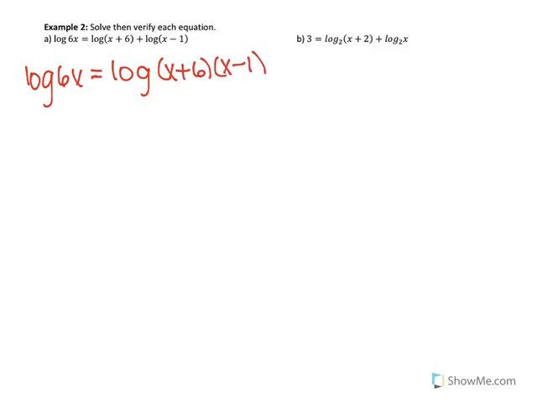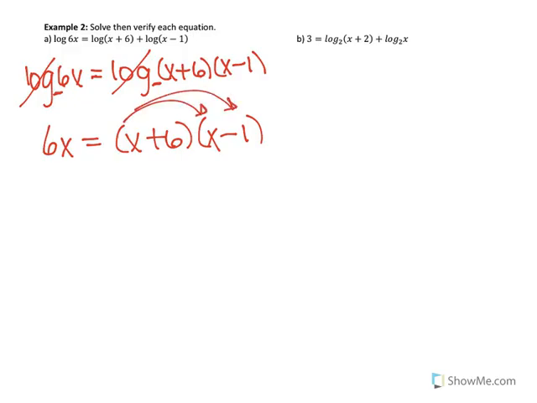And something that you're able to do when you have logs of the same base and a single term on each side, it's not that you're canceling, you can just skip a bunch of steps and rewrite it without the logarithms. So we can say 6x is equal to x plus 6 times x minus 1. There are ways to show this, but this skips all the steps.